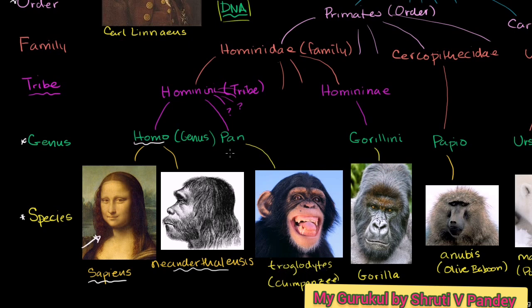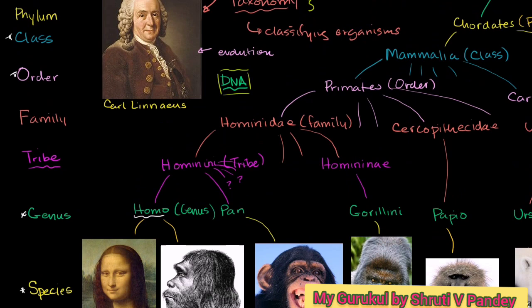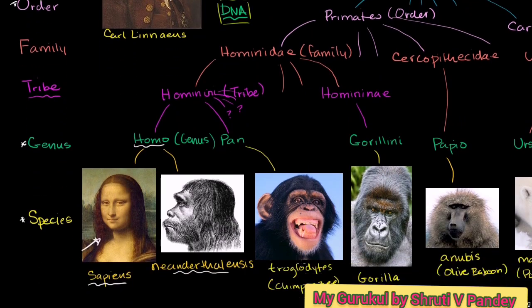So you would refer to them as Pan troglodytes. And that's also another convention that Carl Linnaeus came up with, is that you refer to a particular species by its genus and then its species, and you capitalize the genus and you lowercase the species. So we're Homo sapiens, this is Homo neanderthalensis, this is Pan troglodytes, or often referred to as chimpanzees.